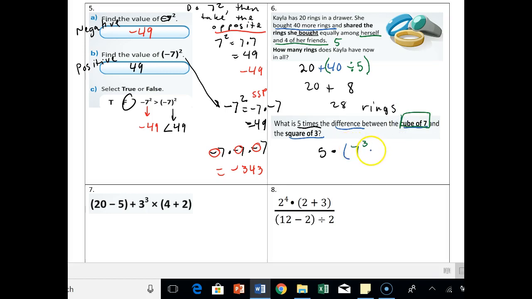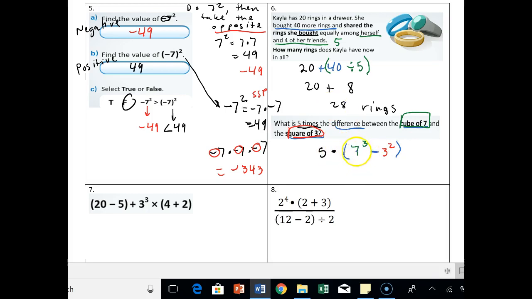And the square of 3. 3 squared, that's 3 to the 2. So we're taking the difference first, 7 to the 3 minus 3 squared, and we're multiplying it by 5.